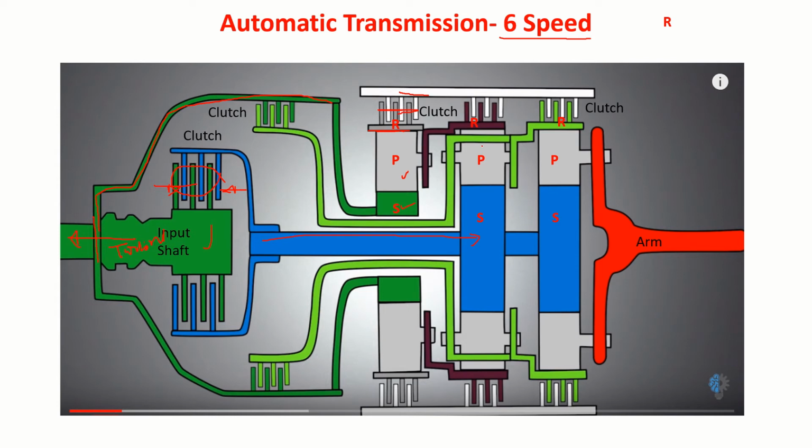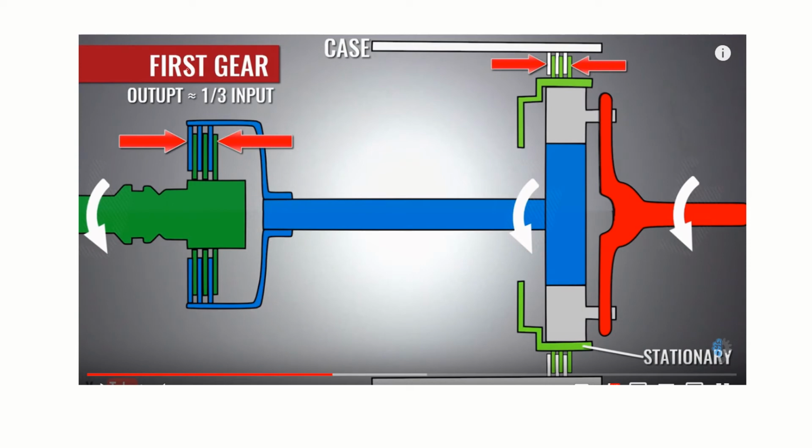So again you see another system here. Again you have sun gear, planet gear, ring gear. Sun, planet, and ring gear. And finally you can get the output from this. Right. Let us now obtain how I can get the first gear, one particular speed ratio.